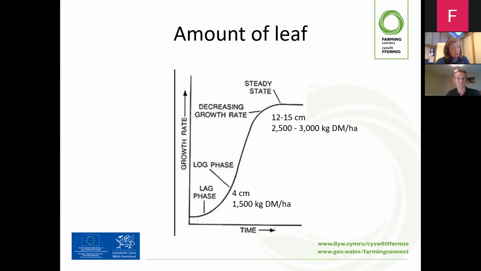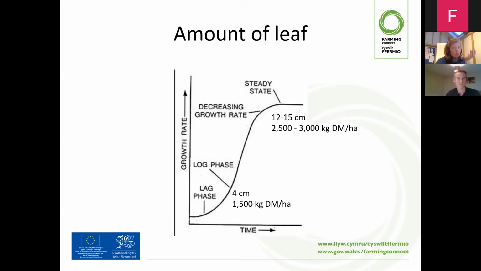Then when it gets to about 12 to 15 centimetres, depending on the type of sward, growth starts to decrease and it enters a bit of a steady state. It might not quite flatline like this, but it starts to shade itself out. There's a lot of leaf there, and it's stopping the other leaves from intercepting sunlight. So it's creating its own shade, which is why the growth rate starts to drop.